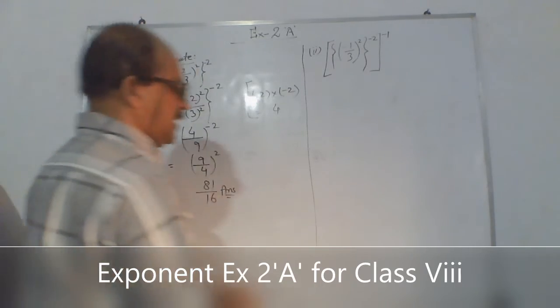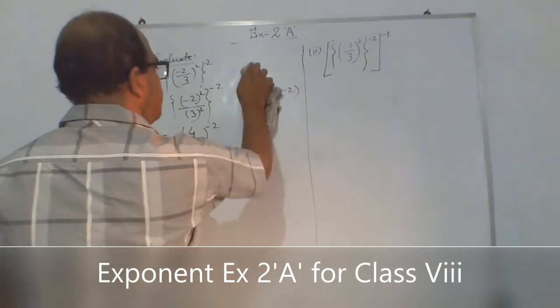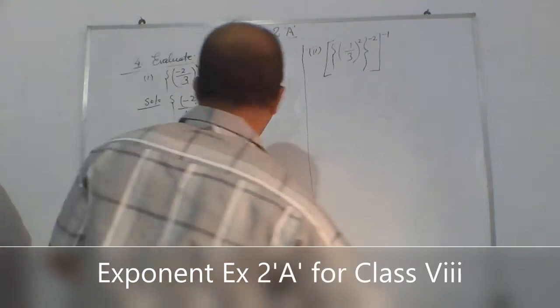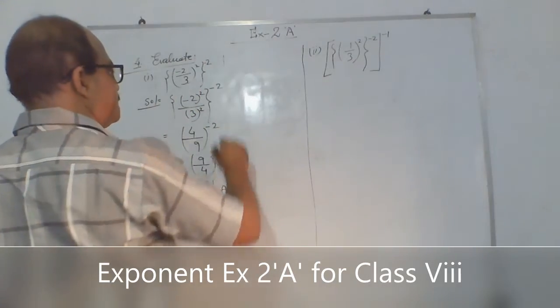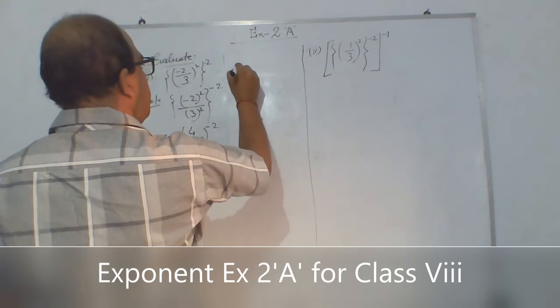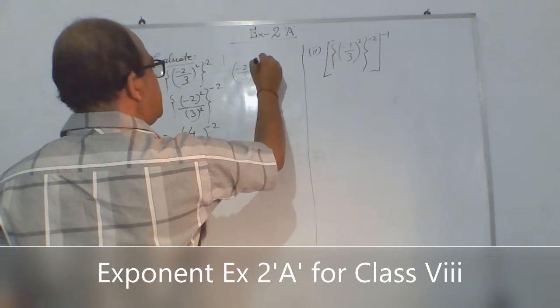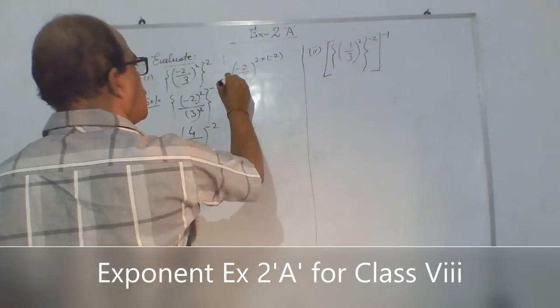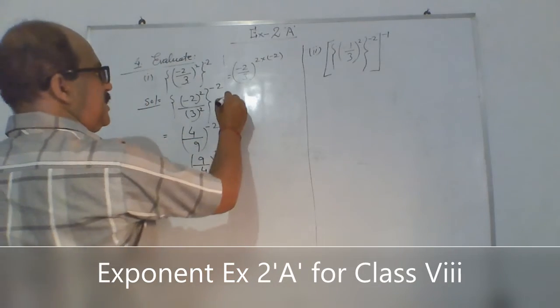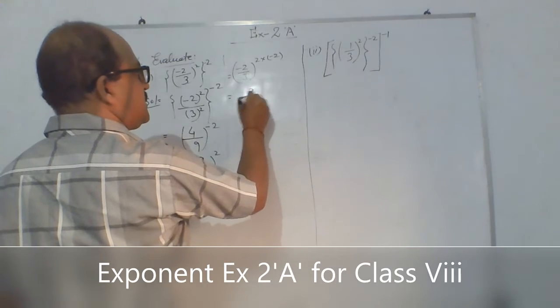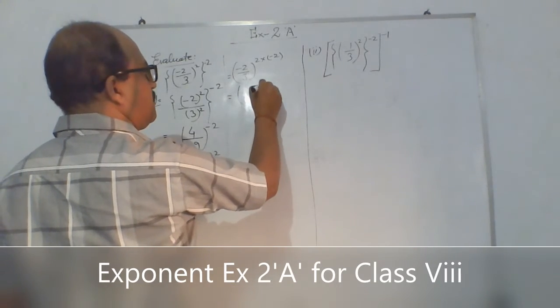You may do it in another way. (-2/3)^2 into minus 2. So (-2/3)^-4.